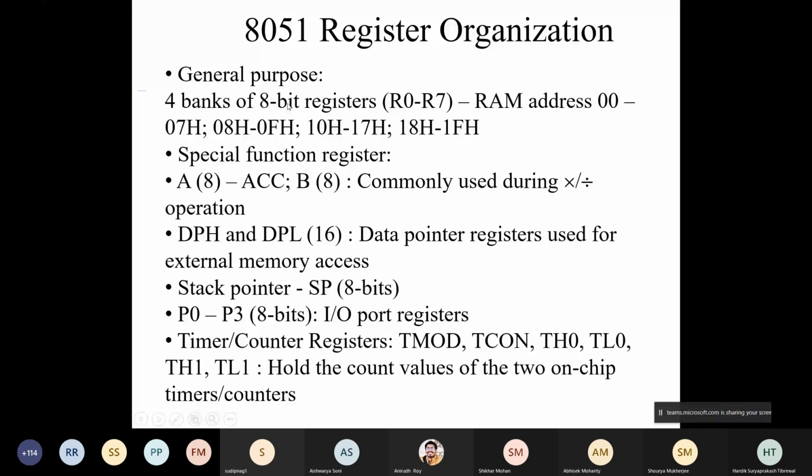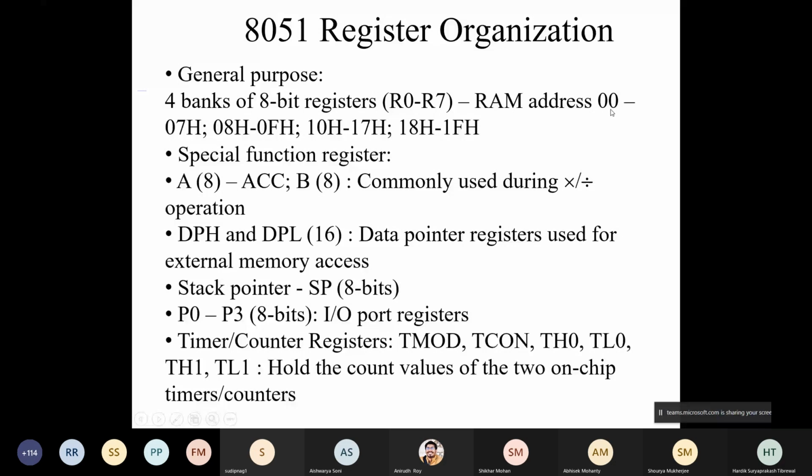But look at this 8-bit register. R0 to R7. That means in each of those banks there are 8 registers having the same names, R0 to R7 in bank 0, then R0 to R7 in bank 1, and so on. So there are 4 banks of 8-bit registers, and this comes within the RAM addressing space. They have given the space from RAM address 00 to 07H. Now look at this.